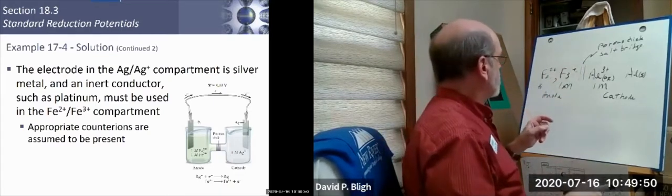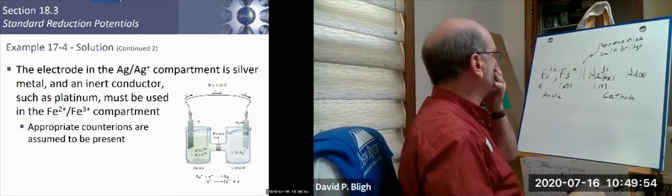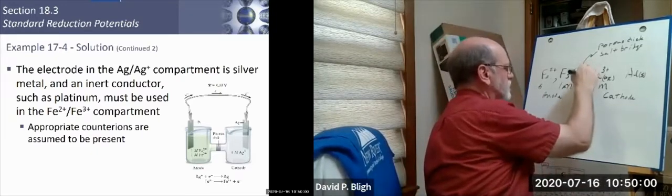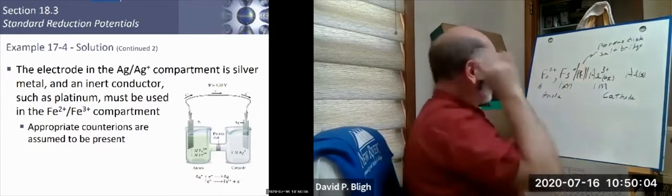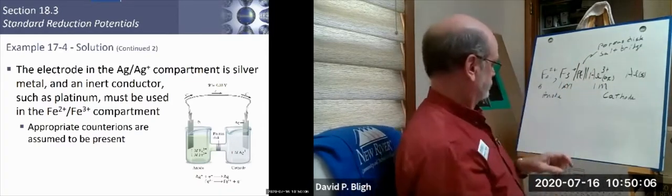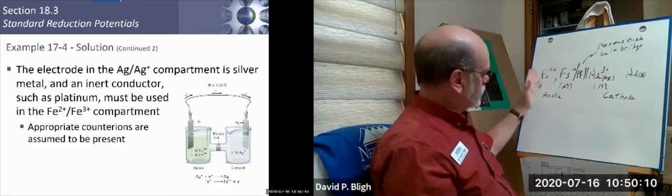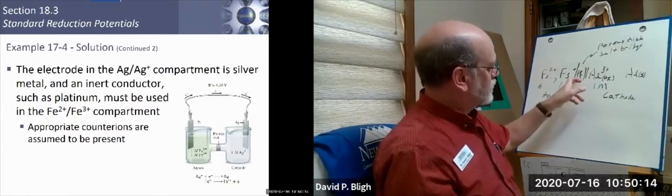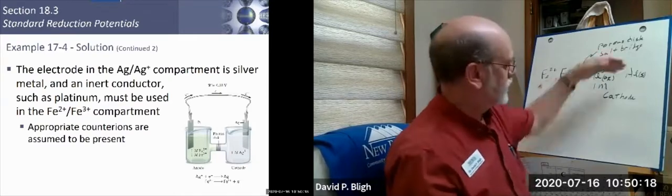And then you need your platinum electrode. That is a phase change. So this is the reaction on the anode side, with a platinum electrode providing the conduit for electrons.